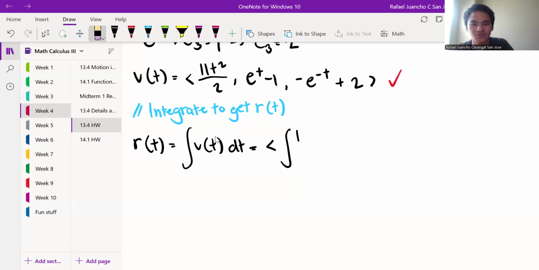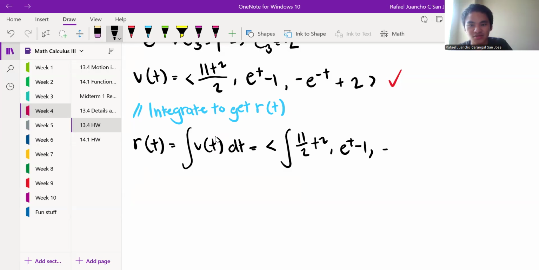I can rewrite this a little bit better, because when integrating I want to format my numbers in such a way that makes it easy to integrate. This one stays the same.